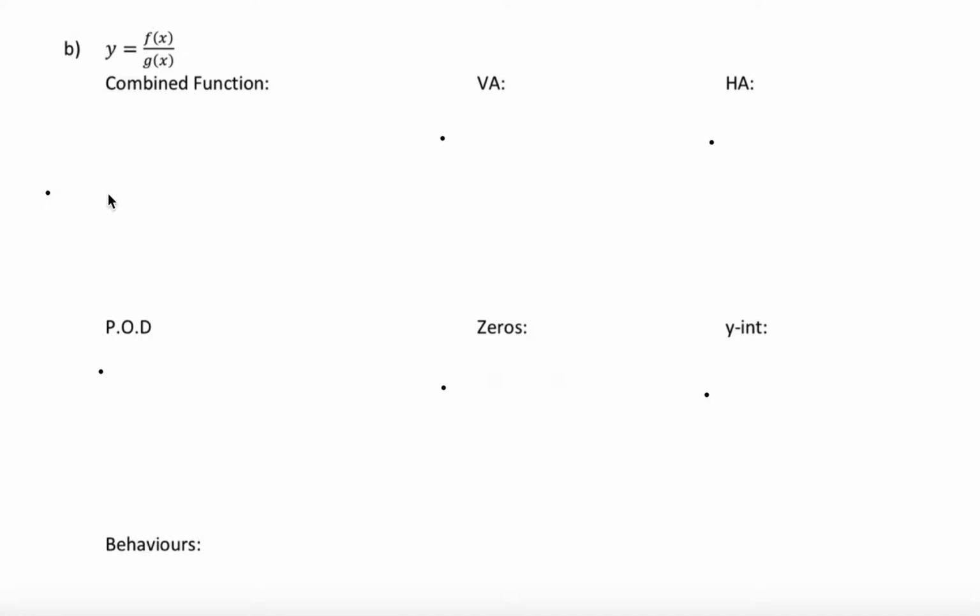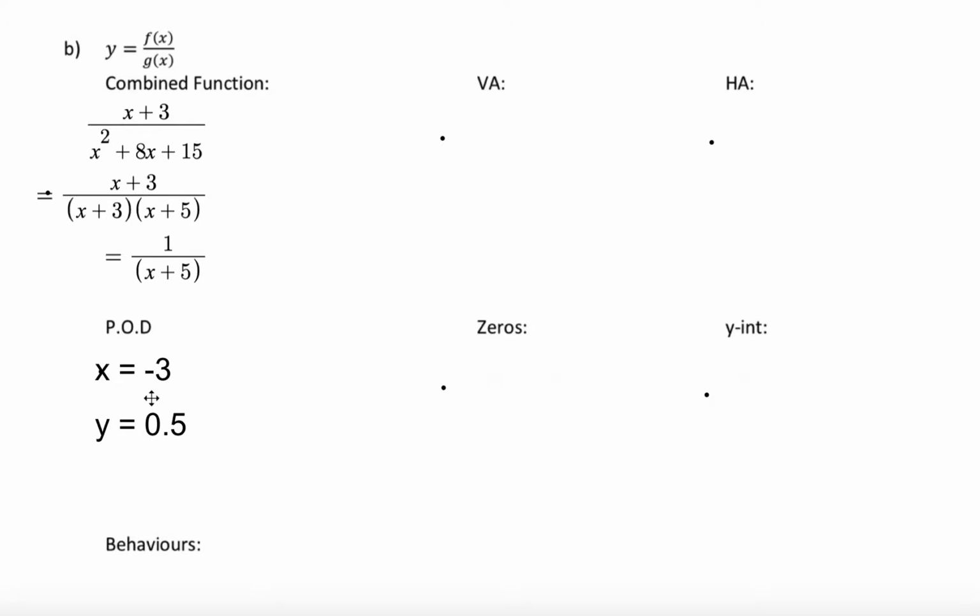Looking at this one, we're dividing here. It's a little bit harder, obviously, but if you remember back and you factor that, you can cancel out these x plus 3's. That makes a point of discontinuity at x equals -3 and y equals 0.5. If I sub in x equals -3 here, we're going to get 1 over 2, which is 0.5.